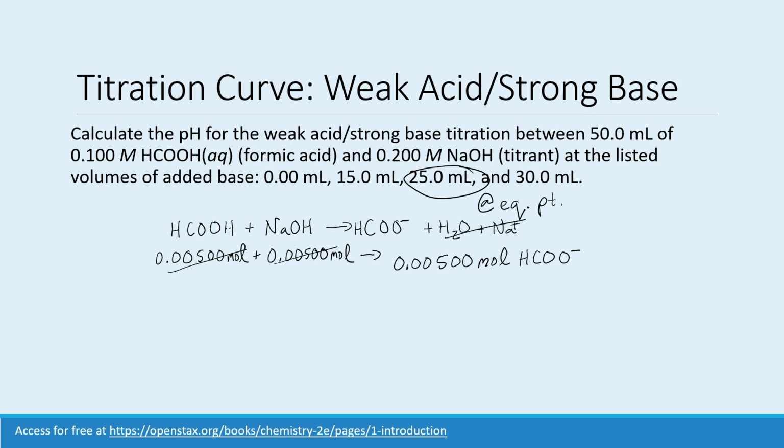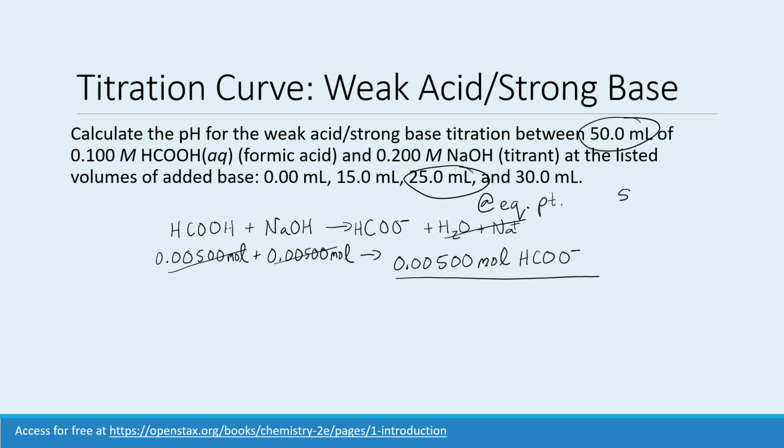And we can find the pH for a weak conjugate base by finding the concentration, using that Kb expression, and then solving for the hydroxide ions. So we'll take the moles of that conjugate base and divide by the total volume of the solution.